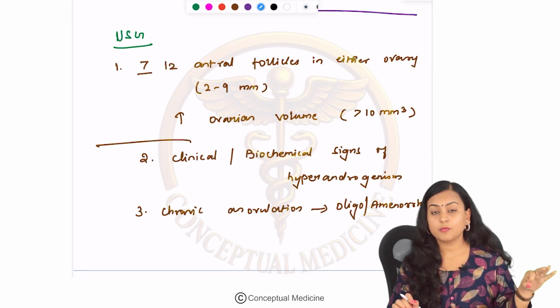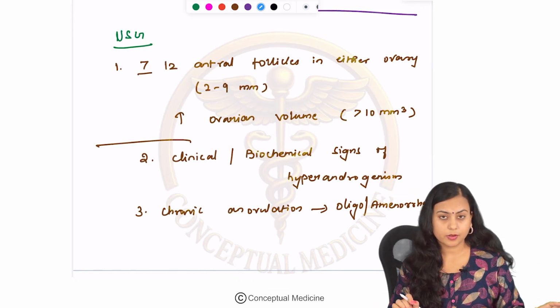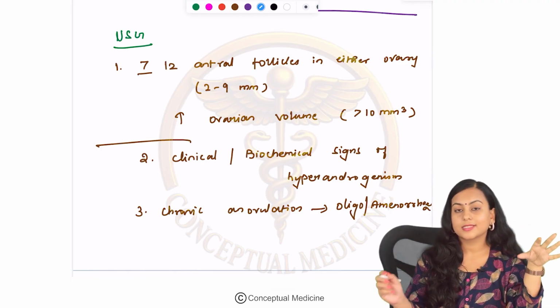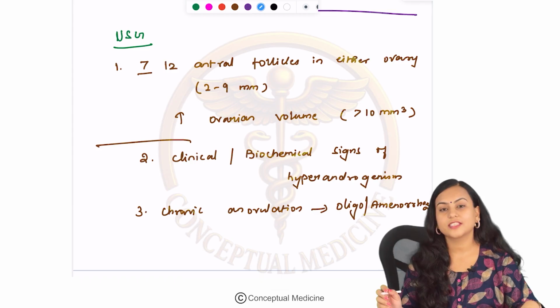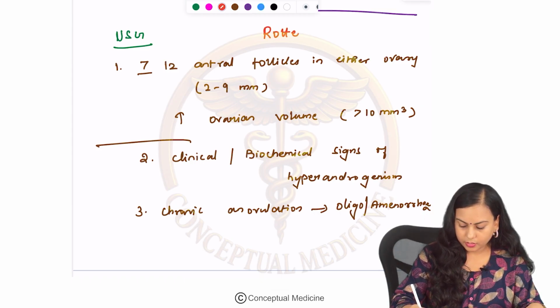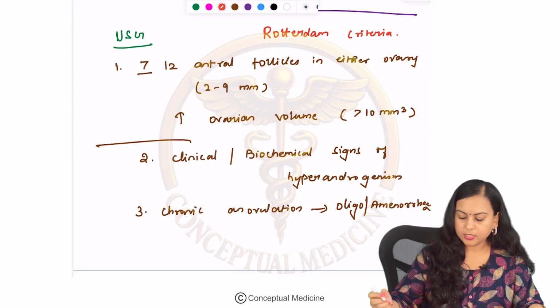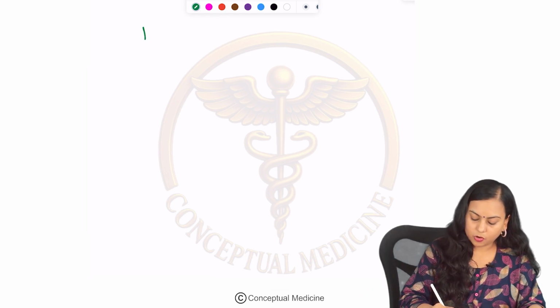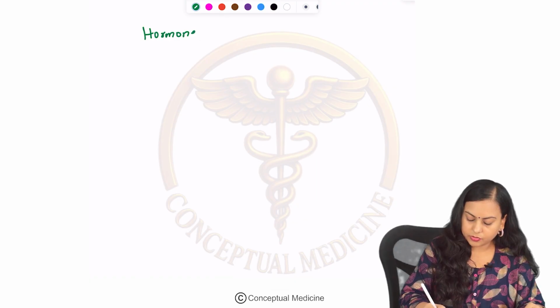So these 3 points are different. The first one is an ultrasonogram picture and the next one is the clinical picture. So all these 3 together will constitute the Rotterdam criteria of PCOD. Right? Now, one more thing I want you to tell us about the hormone profile in these patients.